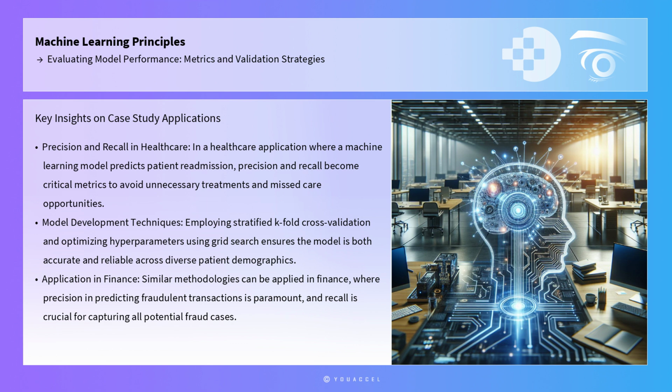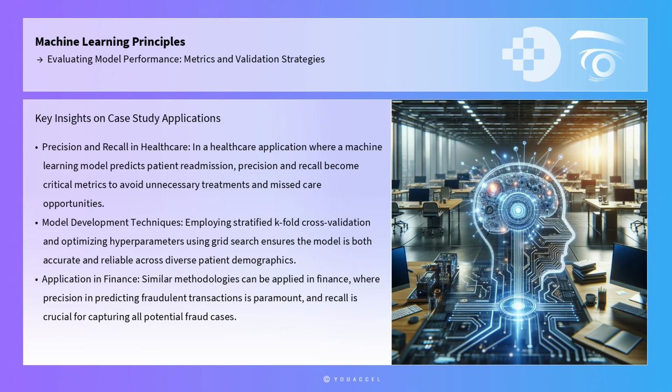Case studies provide valuable insights into the application of these concepts. Consider a healthcare application where a machine learning model is developed to predict patient readmission. In this scenario, precision and recall become critical metrics, as false positives could lead to unnecessary treatments, and false negatives might result in missed care opportunities.